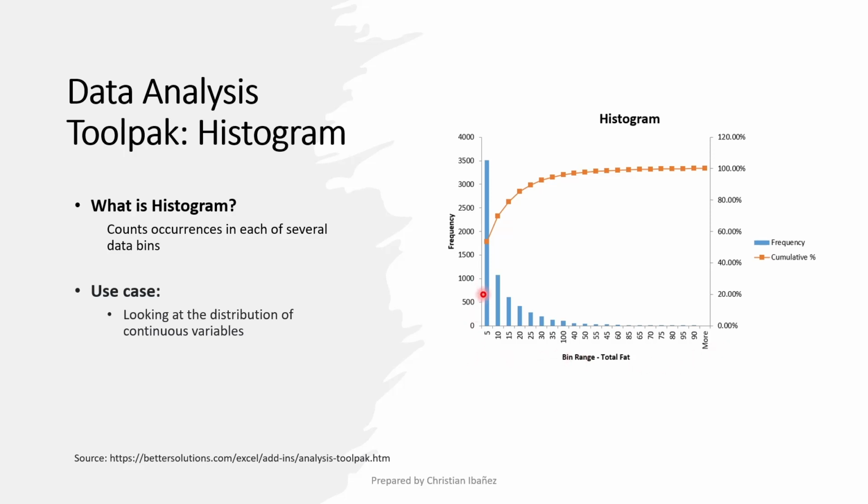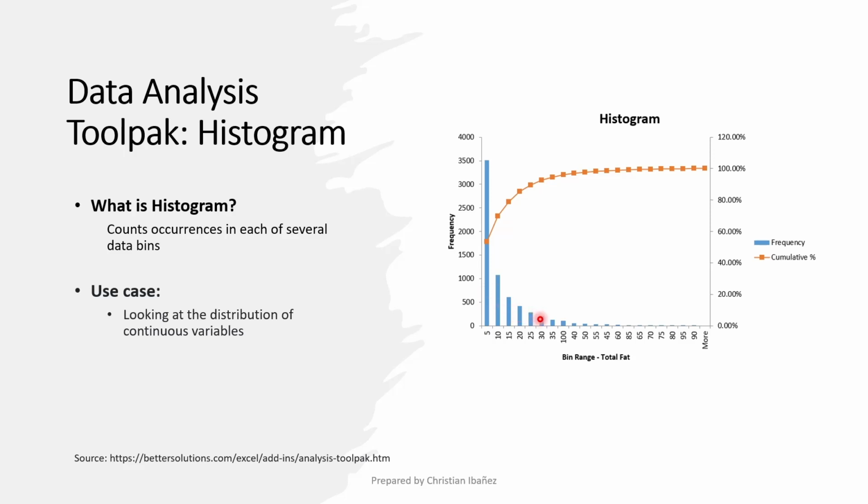In this example, we have a range from 0 up to about 100, and we have different bins. One bin corresponds to one column here.